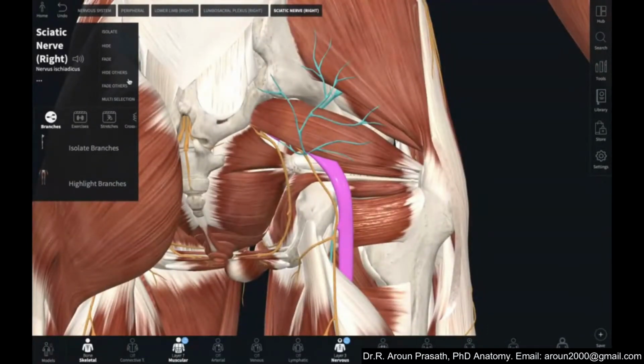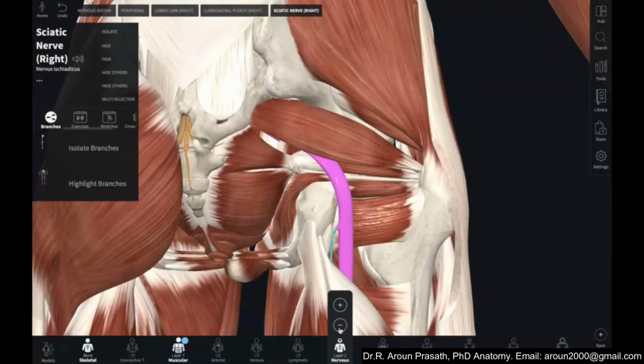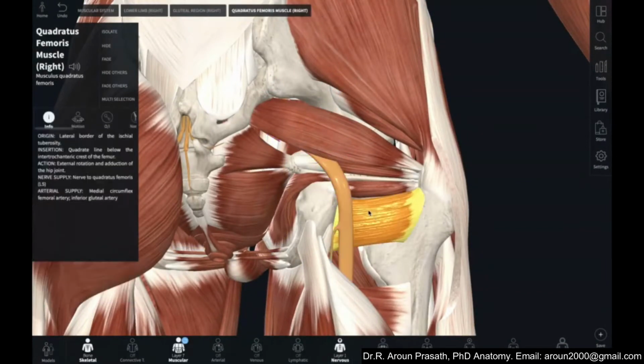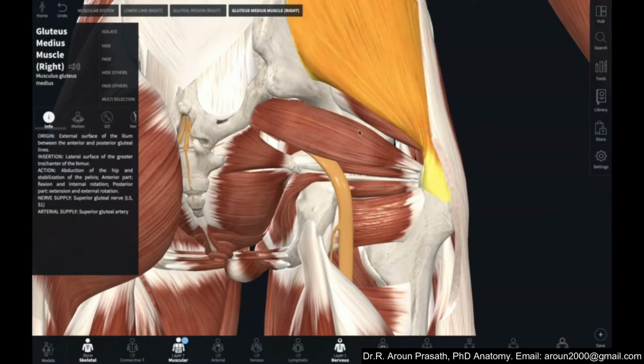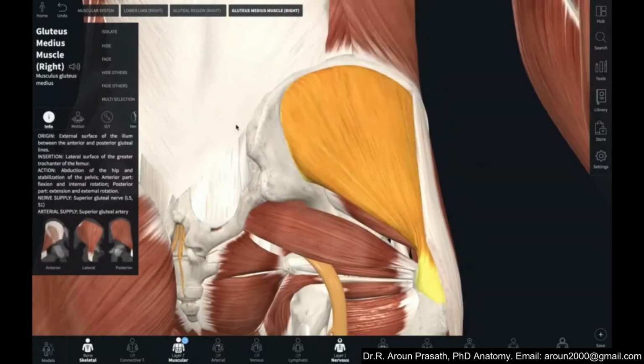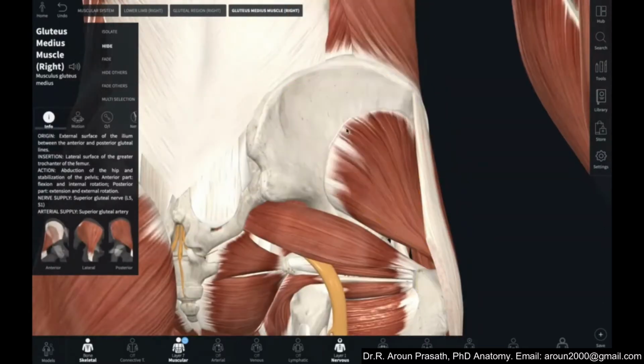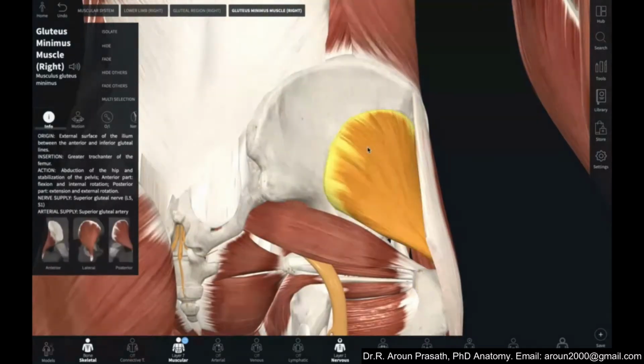Deeper to this gluteus maximus muscle, you have other muscles, that is the quadratus femoris, and this is the gluteus medius muscle, and inner to that you have the gluteus minimus muscle.